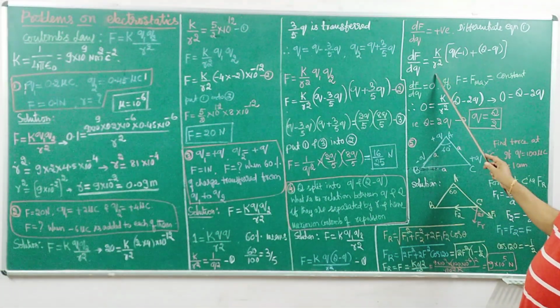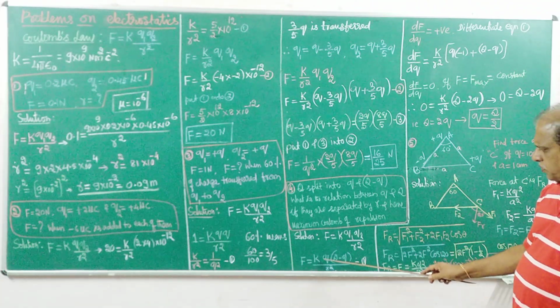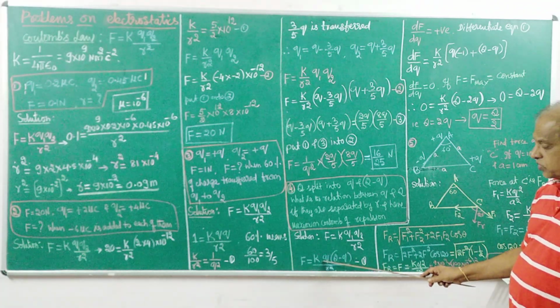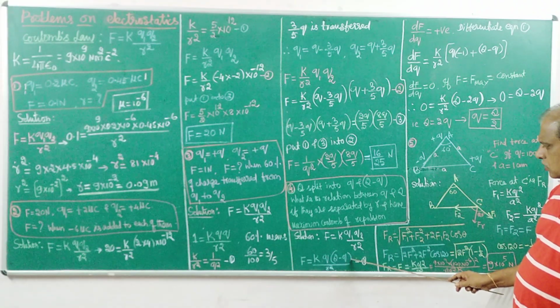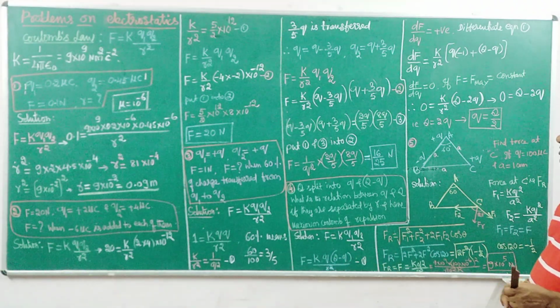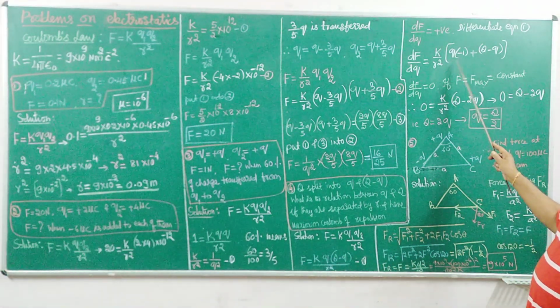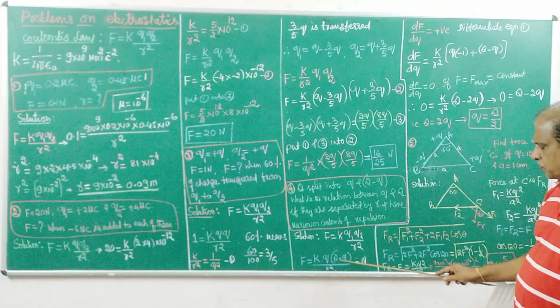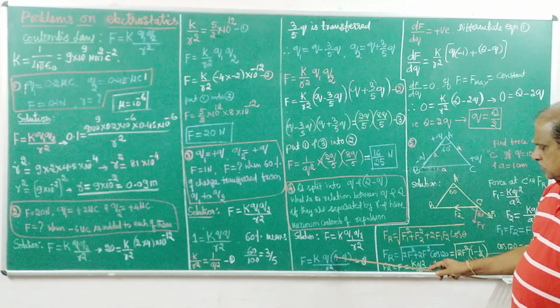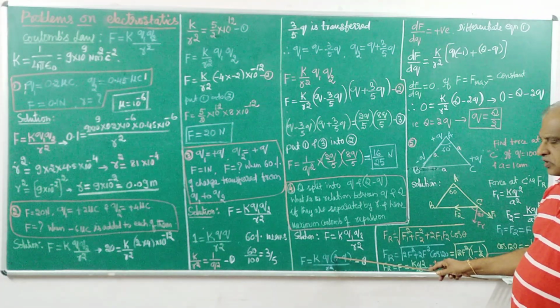K by R square is constant, and this is a product of two functions: q into Q minus q. So differentiation of the product is first function into differentiation of second function. Here Q is a constant, the variable is q. That is the initial charge you have taken, afterwards it is broken into pieces.